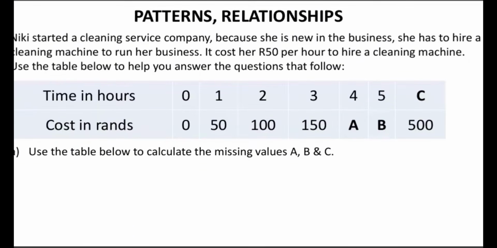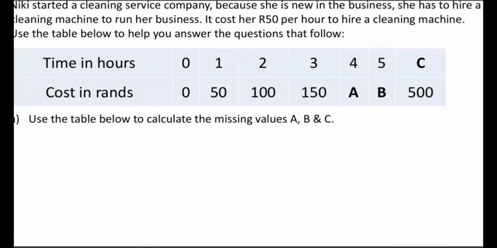Number one, Nikki started a cleaning service company. Because she is new in the business, she has to hire a cleaning machine to run her business. It costs her 50 rands per hour to hire a cleaning machine. Use the table below to help you answer the questions that follow. First and foremost, understand that they are telling us for every 1 hour, you pay 50 rand.